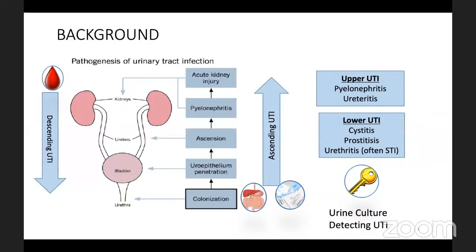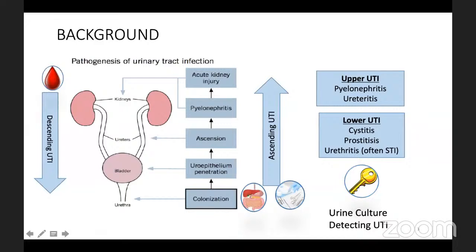This is when bacteria that colonizes the urethra rise up through to the bladder, causes infection there, rise up through to the ureters and then to the kidneys to form infections.